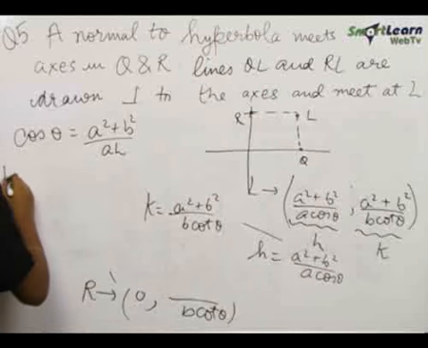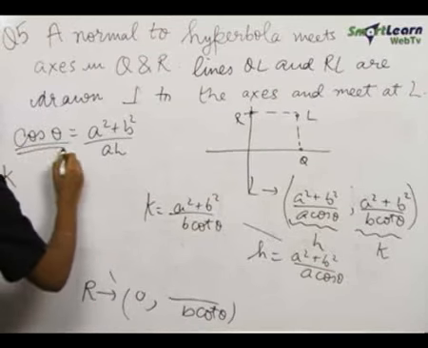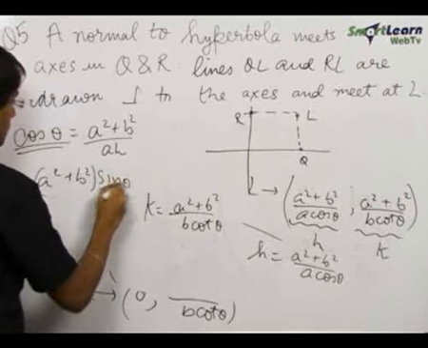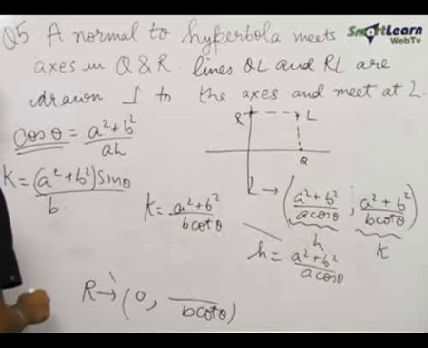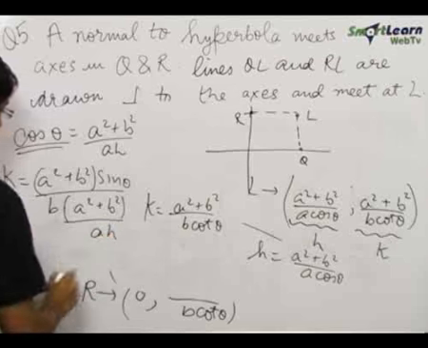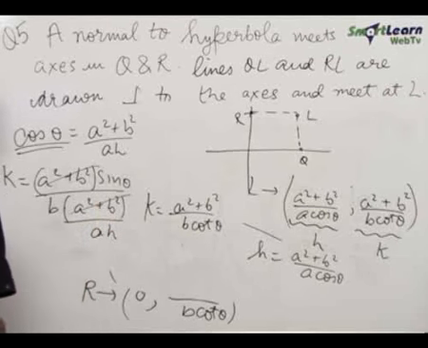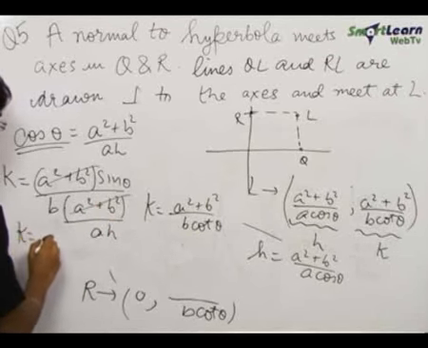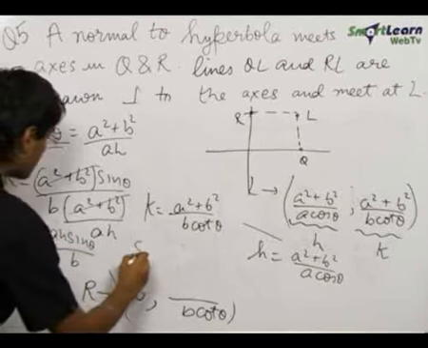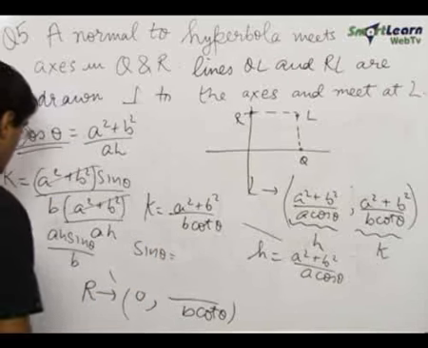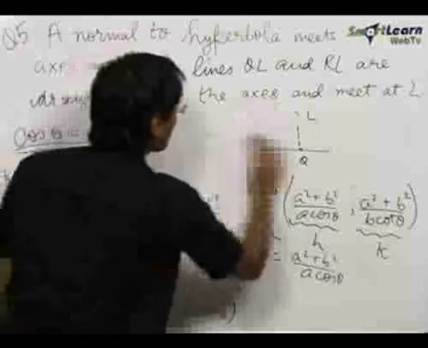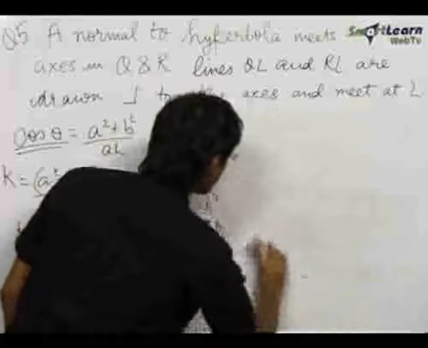The value of cos theta can be substituted in this formula to give a square plus b square sin theta upon b cos theta, that is a square plus b square upon ah. This a square plus b square and a square plus b square get cancelled, and we get k is equal to ah sin theta by b. Hence sin theta comes out to be equal to kb by ah. Hence we have obtained sin theta in terms of h and k, and also cos theta in terms of h and k.